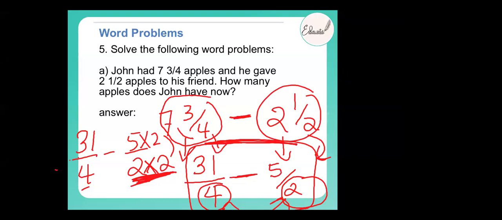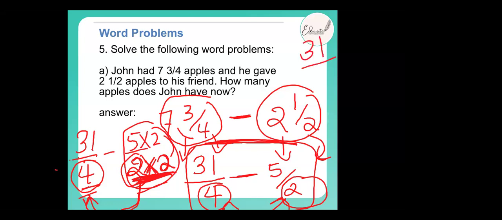To get similar denominators, 2 times 2 is 4, so we multiply. So it is 31 by 4 minus 10 over 4.